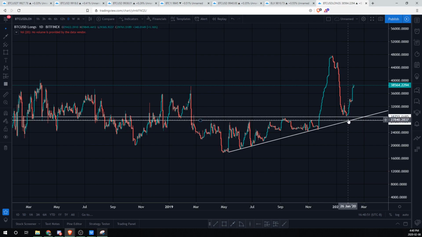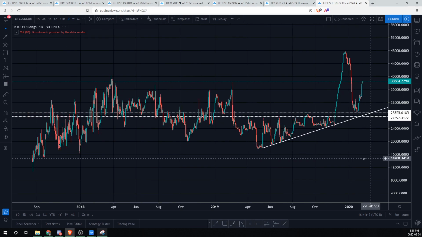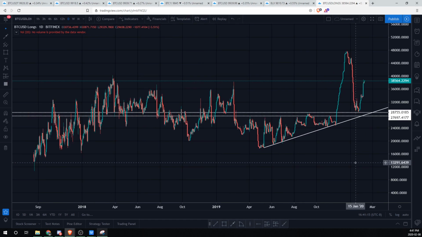And then we held the previous resistance as a new level of support with a nice double bottom, breaking the previous resistance and then retesting it as a new level of support, and then blasting off, making new higher highs, really showing the volatility and the market emotions, seeing a lot more movement compared to the previous basically couple years.